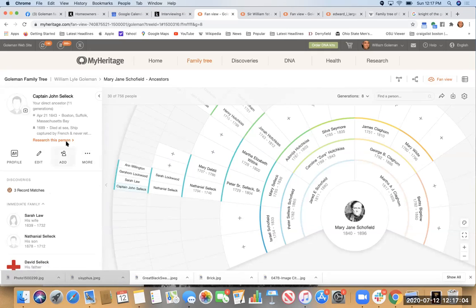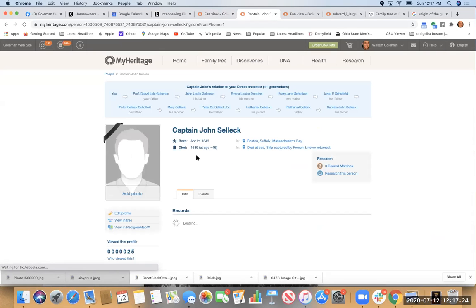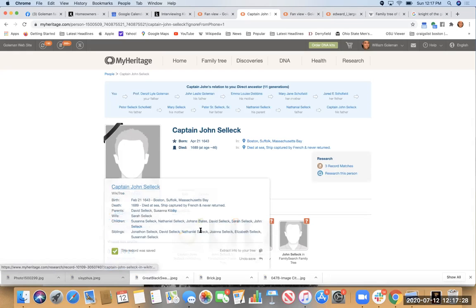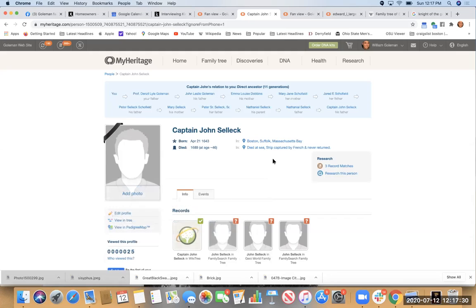And I really like when they put a little bit of information. So many of the people that you go through, you have a birth date and place, a death date and place, and maybe when they got married, but there's usually not very much information other than that. In this case, for Captain John Selleck, there's actually an article about him, and it says that he died at sea.